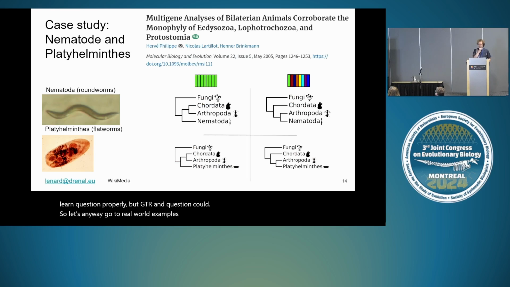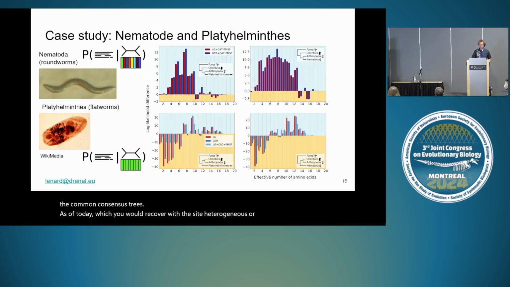There are some well-established LBA examples or papers. For example, from Philippe et al., the case for nematodes and platyhelminths. On the left side, you see the LBA prone tree, what you would recover with site homogeneous models. Whereas on the right side, you see the hopefully LBA free, so the common consensus tree as of today, which you would recover with site heterogeneous or more advanced models.